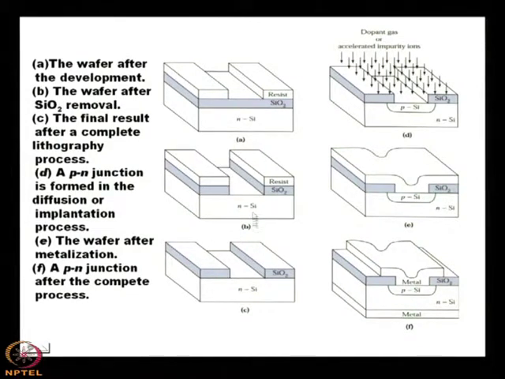Then the difference between B and C: you see that in C there is no photoresist on SiO2. Where is the hardened photoresist? It is gone. It depends on the photoresist nature, whether it is negative or positive.